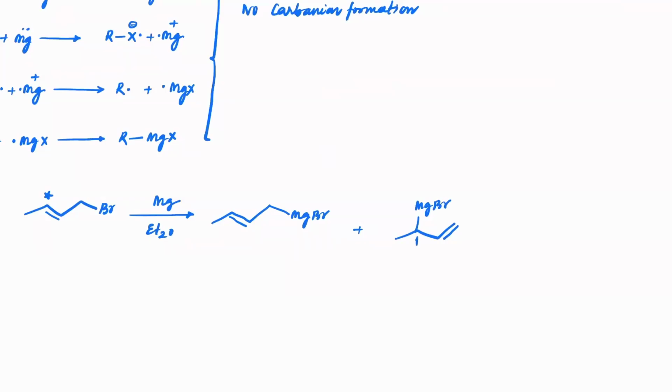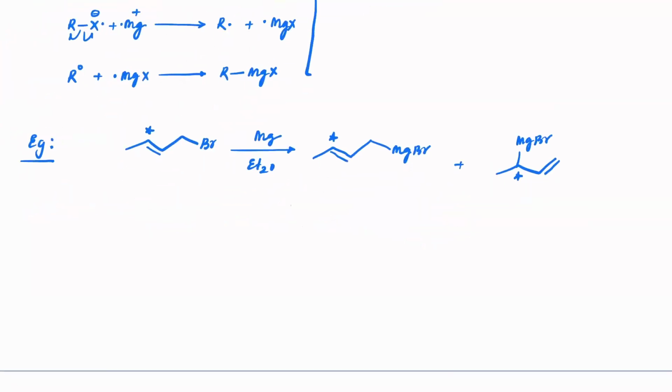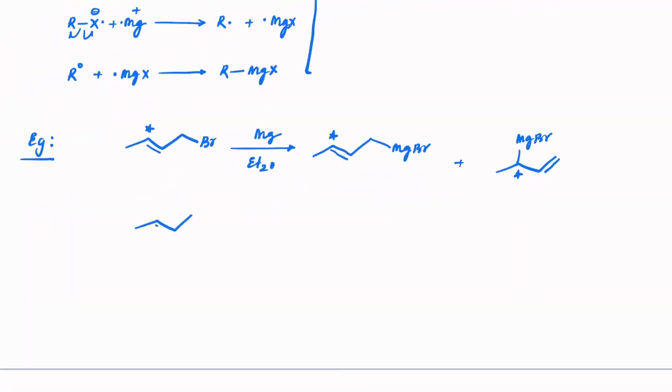Okay, so this is that isotopic carbon. So why does this happen? Because during the mechanism, if you remember, one radical formation will come here. That radical can show resonance stabilization like this. So MgBr will terminate on both the ends, here also and here also. You'll get these two products of Grignard's reagent.